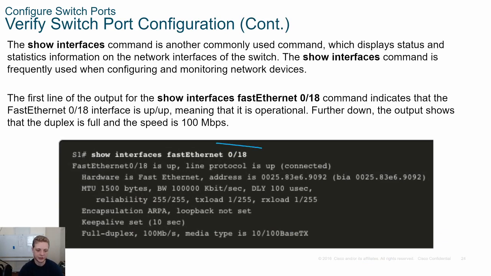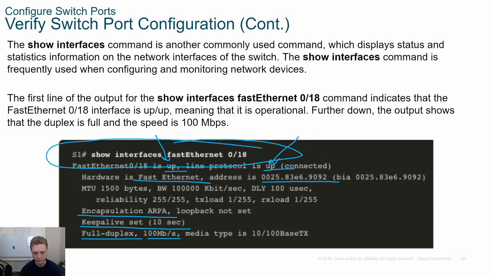And of course, here's an example of show interfaces. We can see the line is up, protocol's up. Again, this is layer 1, this is layer 2, being up. We're using a Fast Ethernet port, which if you don't remember, Fast Ethernet is up to 100 meg. And it gives us stuff like the MAC address, keepalive, encapsulation, full duplex, 100 megabit per second, right?